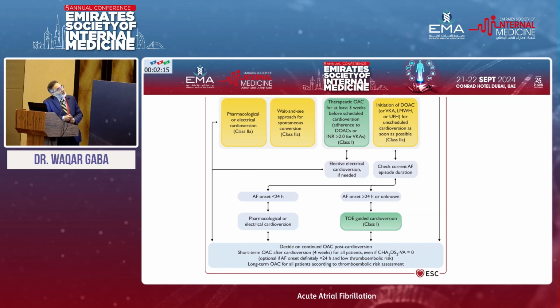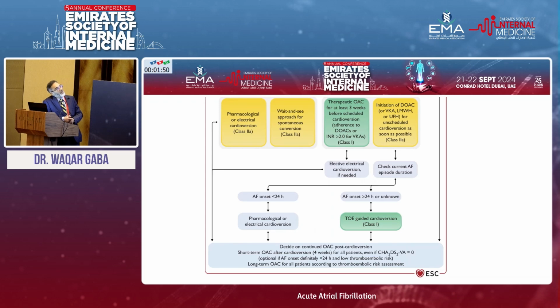If you have not started, if you could have waited for the patients, you can go for pharmacological or electric cardioversion once you have started them on anticoagulation for 3 weeks. Let's say that didn't work. You have already gone for therapeutic anticoagulation. Then you decide whether the episode duration was more than 24 hours or less than 24 hours.